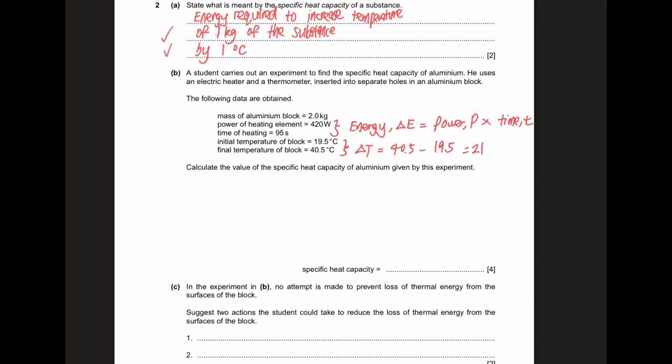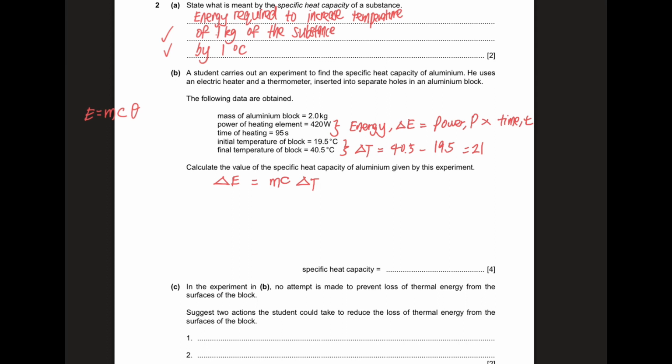Calculate the value of the specific heat capacity of aluminium given by this experiment. So the formula, delta E equal to m c delta T. If you are not used to this version, sometimes you may also see E equal to m c theta. Any other similar form will be just fine.